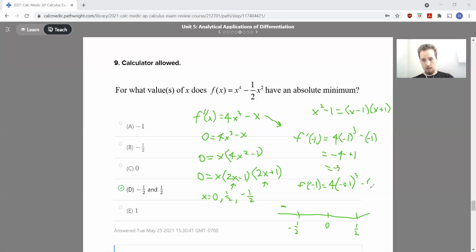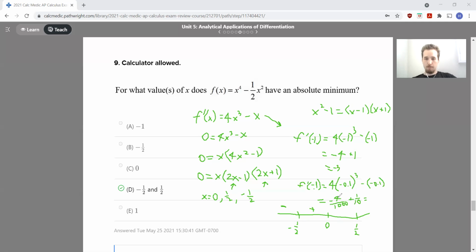Minus negative 0.1. Well, you get negative 4 over 1,000 plus 1 over 10. And so you get a positive number. So this is going to be positive.